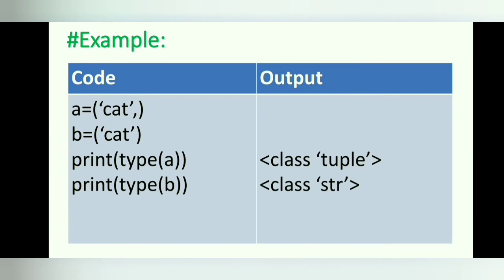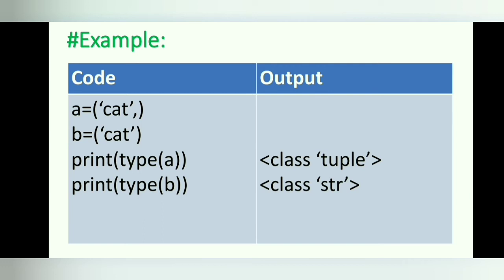Example: in the first statement, cat is a string value with a trailing comma that is assigned to the variable a. In the second statement, cat is a string value without a trailing comma that is assigned to the variable b. The output will be a tuple data type in the case of the first statement. Python recognizes this as a tuple value because of the trailing comma.